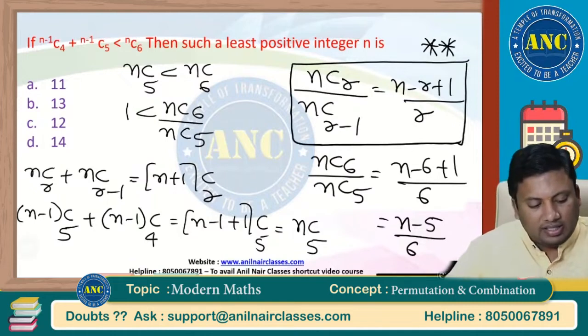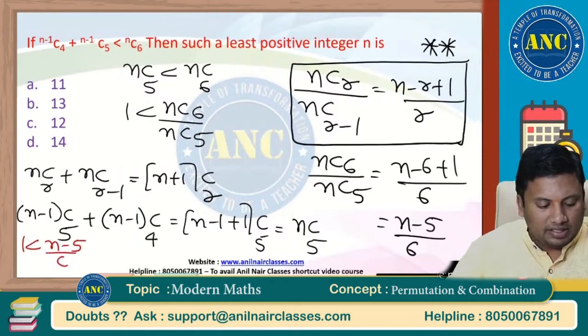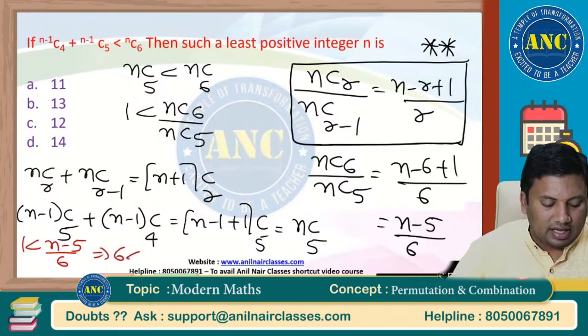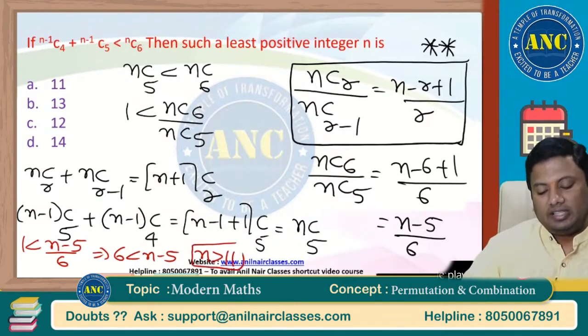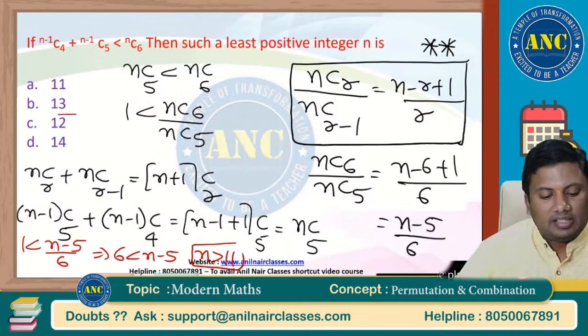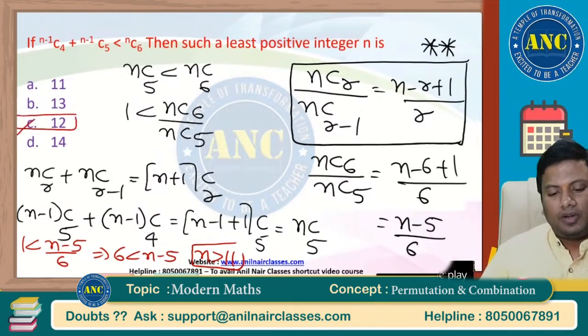This is a property based question. 1 is less than n minus 5 by 6, so 6 is less than n minus 5. n is greater than 11. What is the least positive integer greater than 11? The answer for this question is 12.